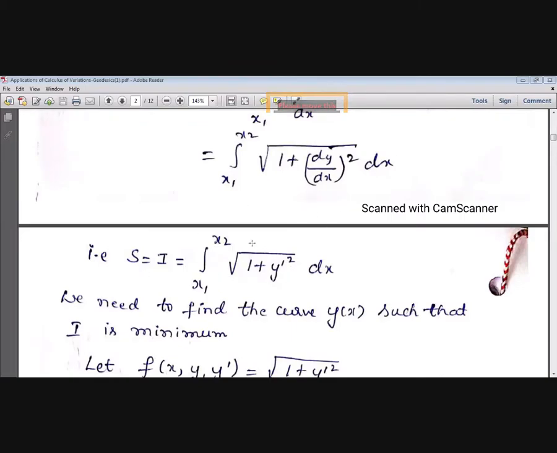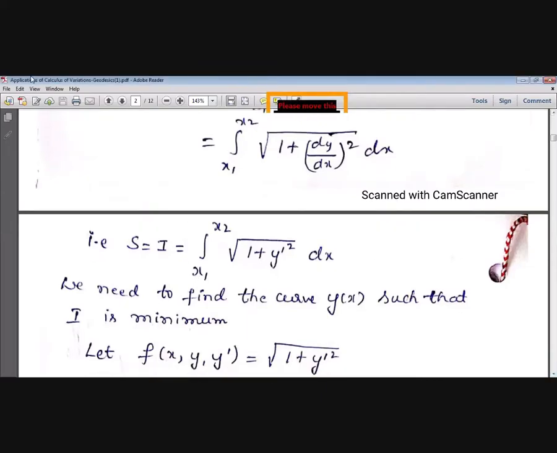Integration x1 to x2 root of 1 plus y dash square dx. Now, after this, we need to find the minimum of this. Length should be minimum, that's what we are discussing. We are joining P to Q.